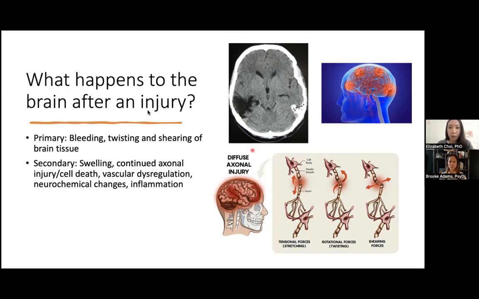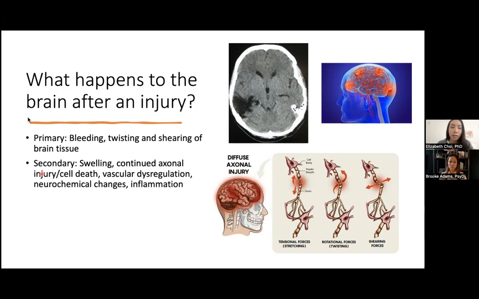If you look at this picture down below, you can see that there are so many different forces that might be tearing the axon portion of the neuron, which are essentially like the cables that connect inside our brain. And we have a term here called diffuse axonal injury.